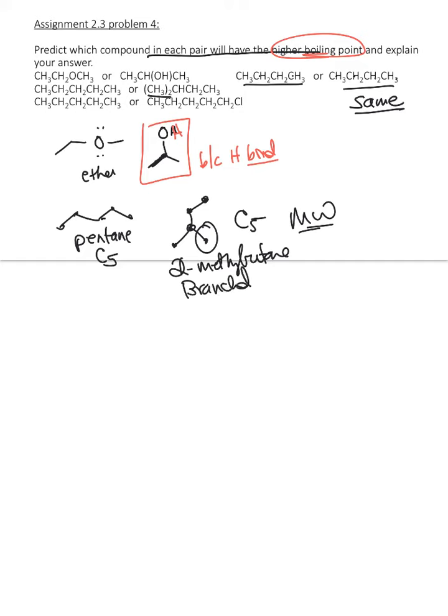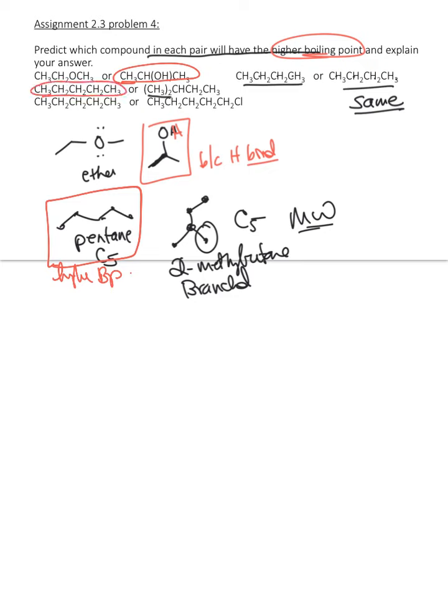And just so you know, we have a slide that shows that if it's not branched, it's going to have the higher boiling point. So let's circle this one, the non-branched.